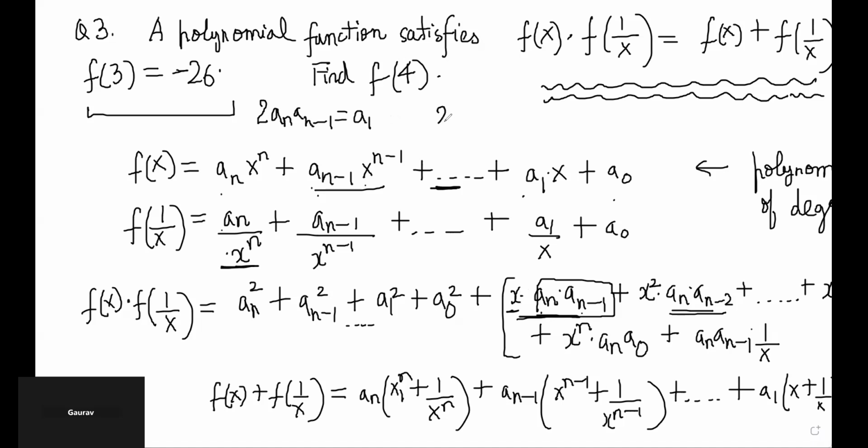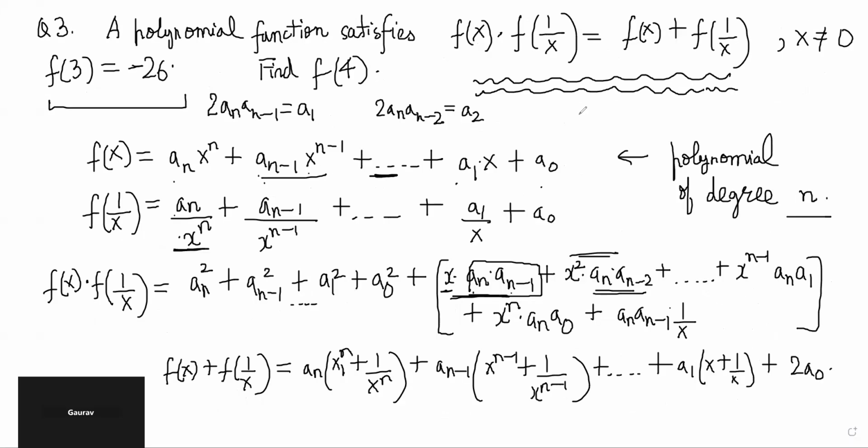Similarly, you're getting 2 times an minus 2 is equal to a2, because you get x square plus 1 by x square and all, right? And we are also getting similar terms, many terms like this will come, and then constant terms here are these in the product, and here the constant term is this.